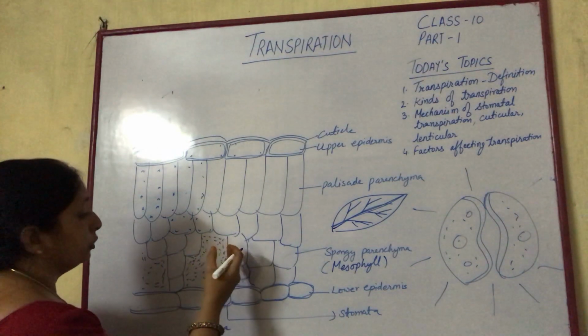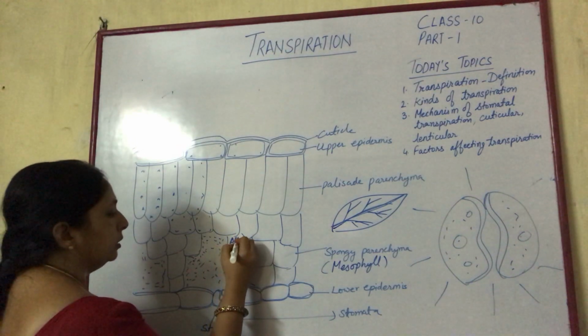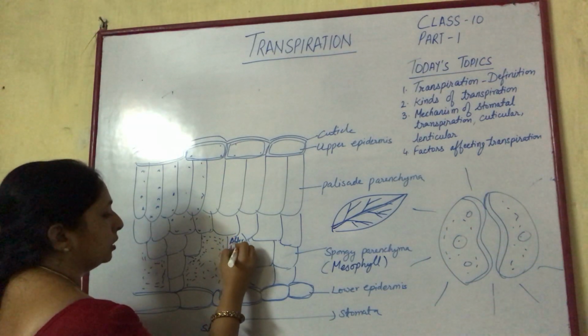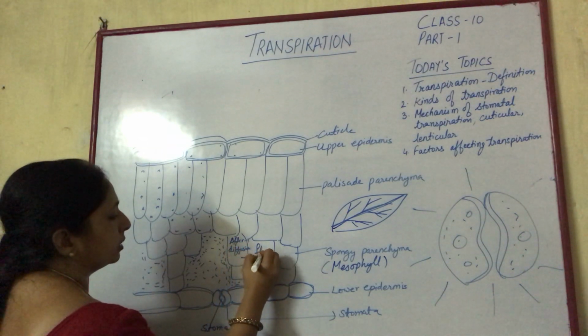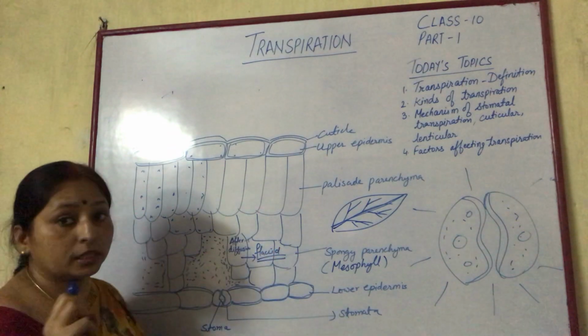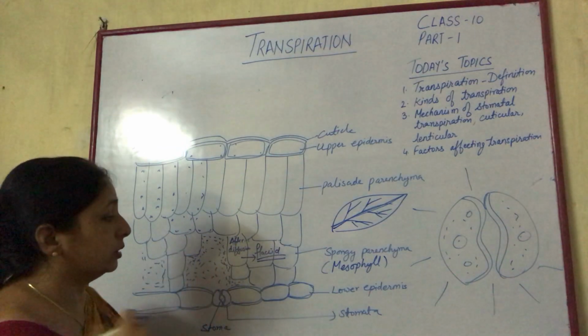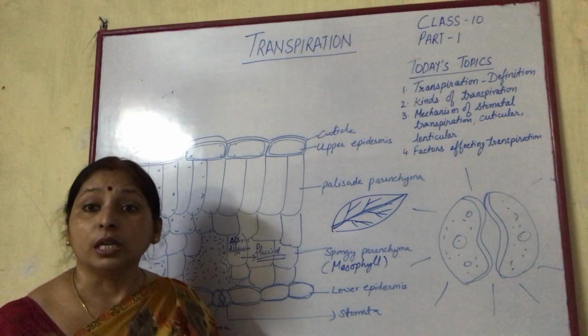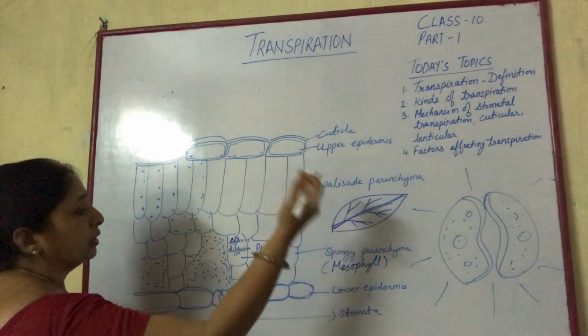Then after diffusion, the cells become flaccid. Flaccid means they shrink. Shrinkage of the cell makes the cells draw water from the neighboring cells, which are the palisade cells, then the veins.